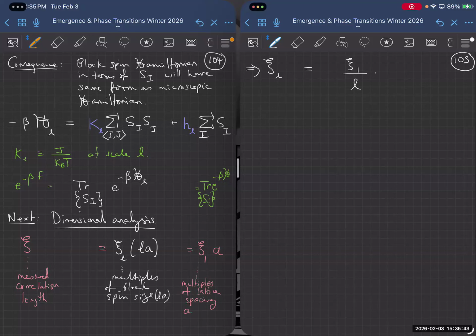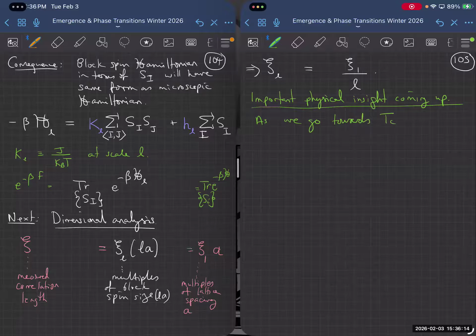Now, there's something now, a very important physical insight. What we know happens is that as we go towards TC, from above or below, the physical correlation length grows.